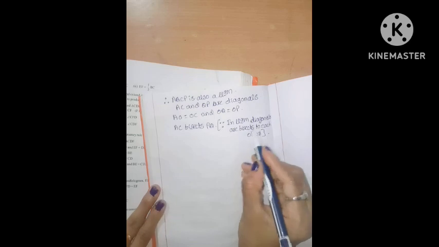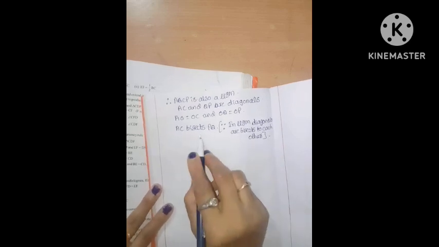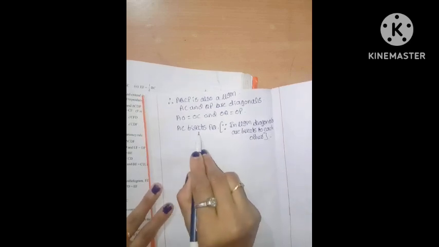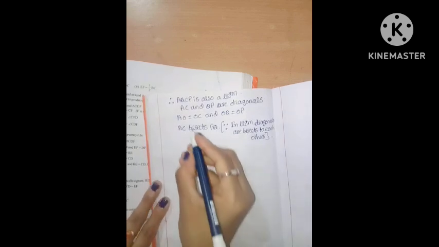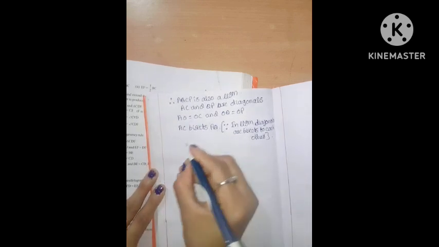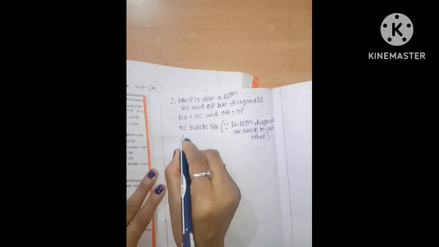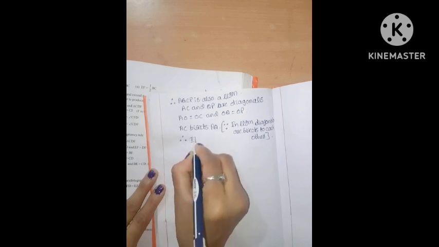Since these two diagonals bisect each other in a parallelogram, AC bisects PQ. Are you clear? This second question is also proved. So therefore, it is proved.